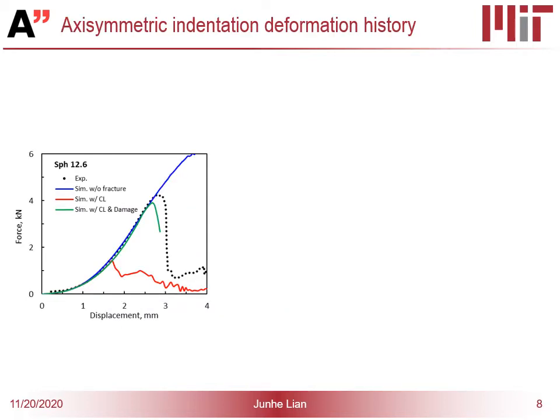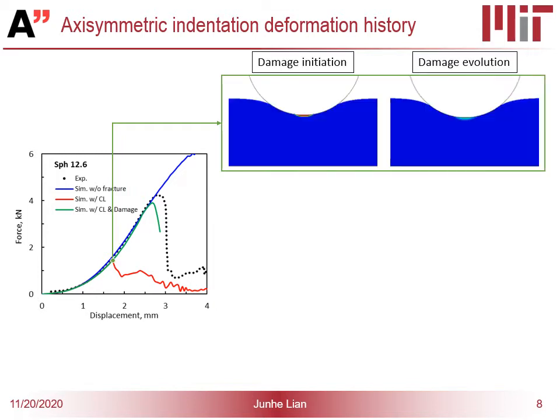If we look at the axisymmetric condition, let's focus first on the point when we have the premature fracture. Here I'm showing you two contours. The first one is the so-called damage initiation. This indicates whether the material has reached the damage initiation criterion, the Cockcroft-Latham criterion in our case. You can see some elements right under the punch have reached damage initiation.